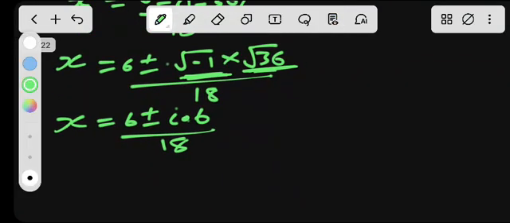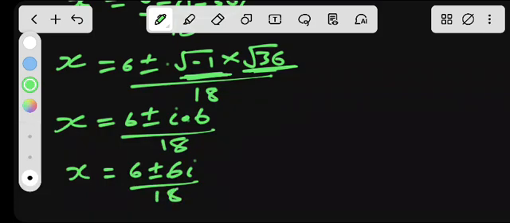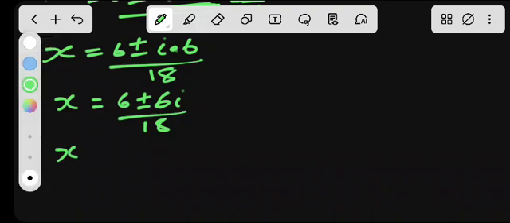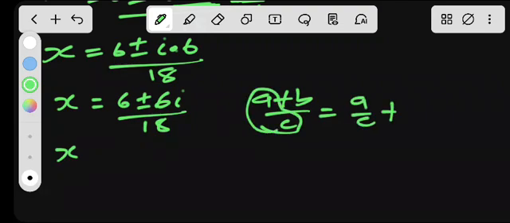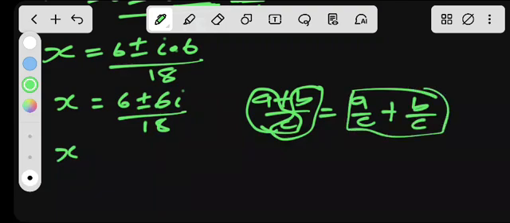So x there will be 6 plus or minus 6i, like this, divided by 18. Right. So if you want, you know the rule that says a plus b over c, you divide the first one by c, also divide the other one by c. So you can use that.